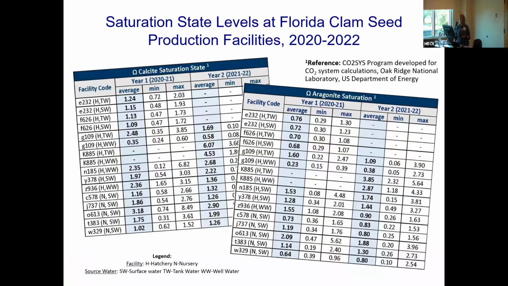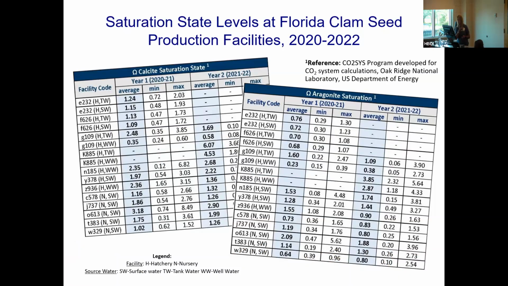So we did the calculation of saturation levels for both calcite and aragonite at all of our production facilities. Again, hatcheries, nurseries, source water SW, for surface water, TW, tank water, well water was WW. We used a program that was developed by the Oak Ridge Lab and Department of Energy, where we could plug in the values like alkalinity, pH, salinity, temperature to estimate these saturation states.